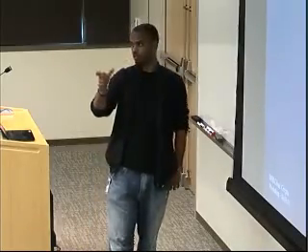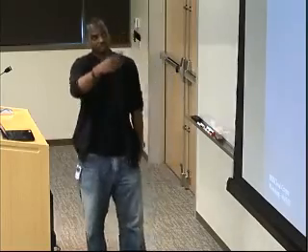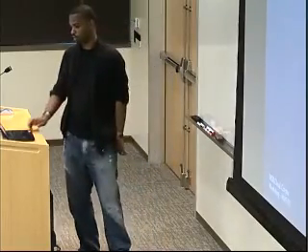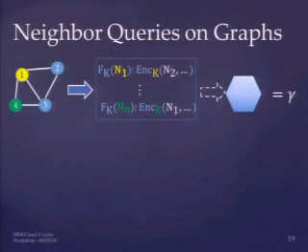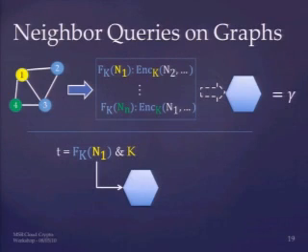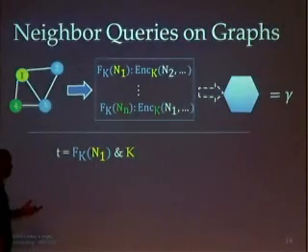And then we use the non-committing encryption scheme on the list of edges for each node, and the key is a function of the particular node that we're working with. Then we store this in our dictionary, and that's what we call an encrypted data structure. We send this along with the encrypted documents to the cloud. And whenever we want to do a neighbor query on a particular node, we send a token of this form. The first element is just the evaluation of this random function on the particular node that we're trying to query.